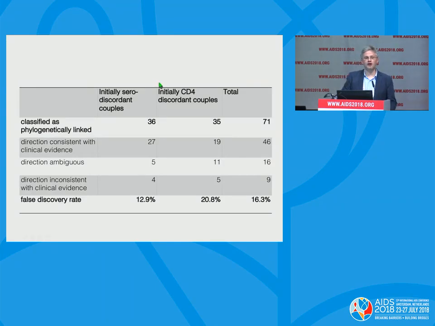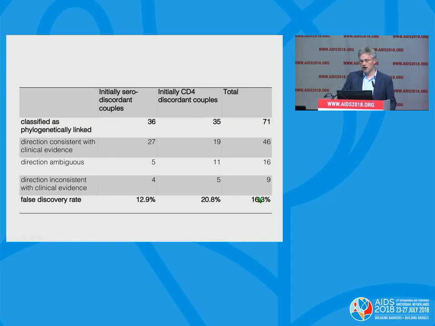So the next question we asked is, how reliable is this inference about the direction of transmission? Well, there were 71 cases in which we could independently say that one of the directions of transmission was very unlikely. That's when we were looking at pairs where one was initially seronegative while the other was already seropositive in previous rounds of the survey, and other cases where one individual had a very high CD4 count and the other individual had a very low CD4 count, where transmission is much more likely from the one with the low CD4 count.